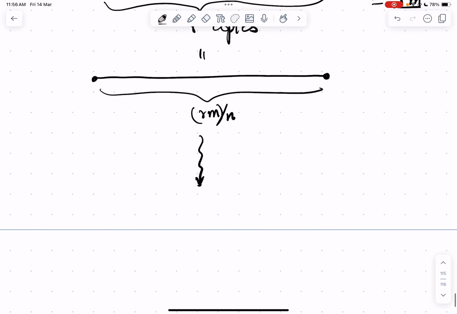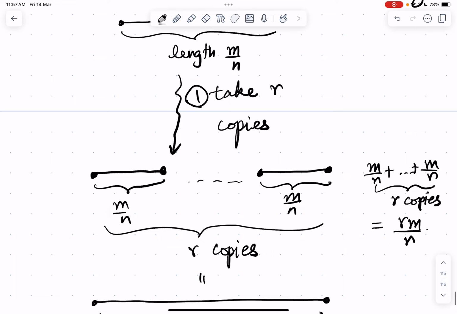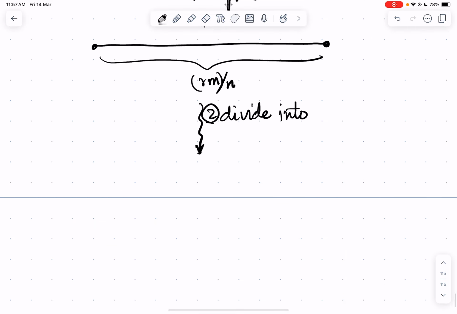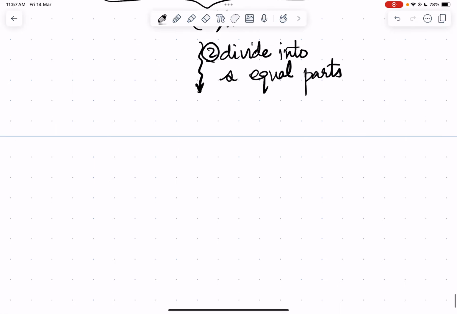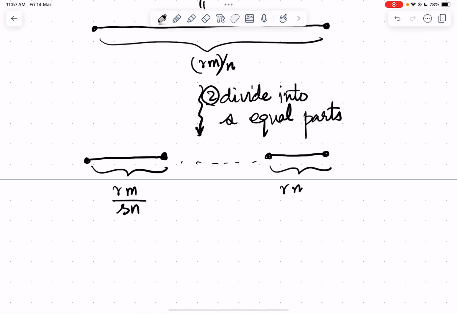Now if we divide into s equal parts, so first we took r copies, second we divide into s equal parts, then we get rm by sn in s copies.